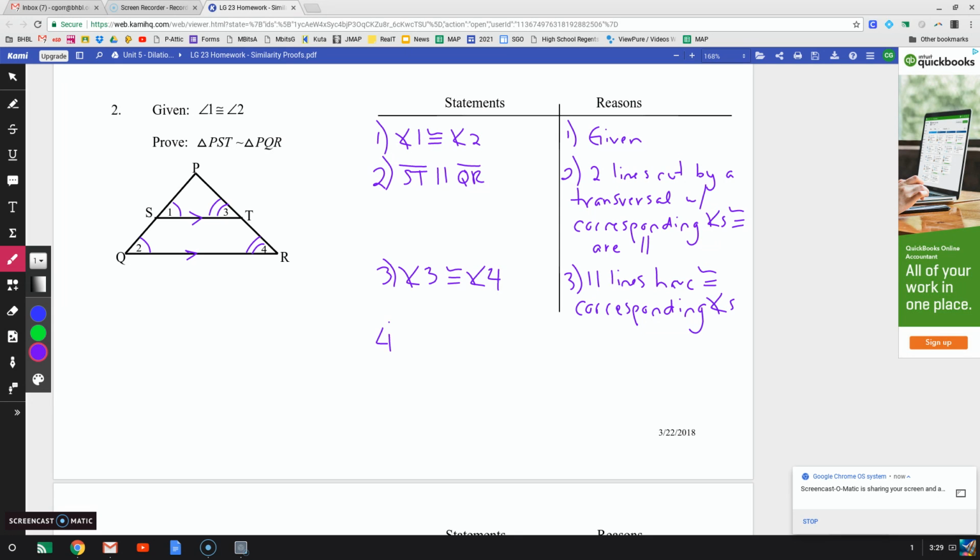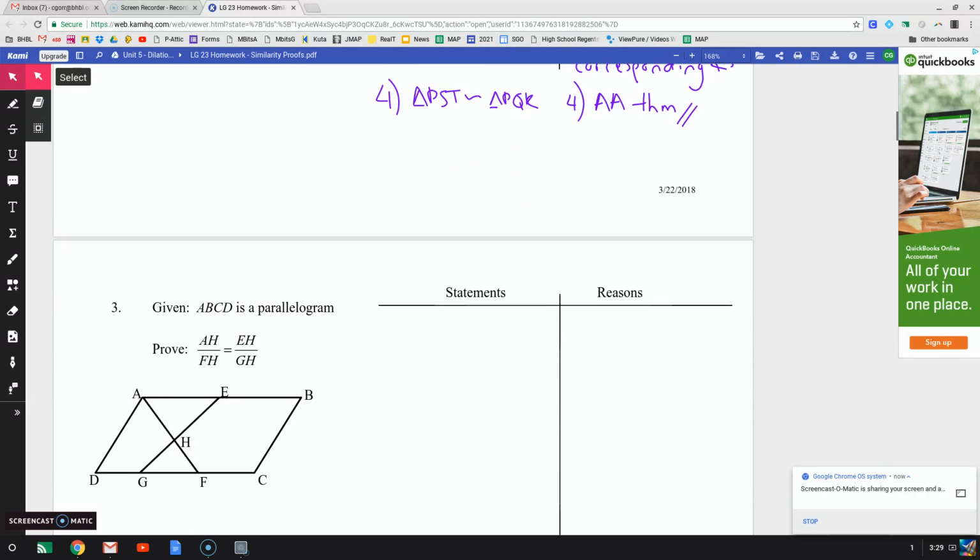So now I have enough information to say that triangle PST is similar to triangle PQR. And again, that is my AA theorem. Okay, moving on to my next problem.